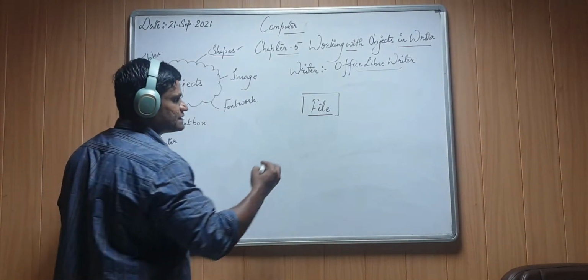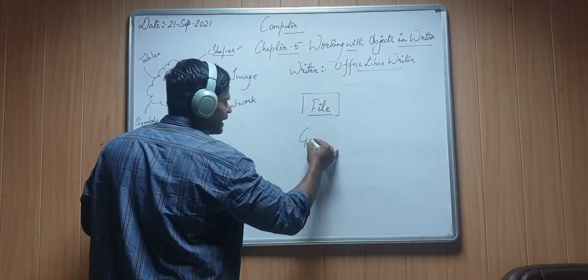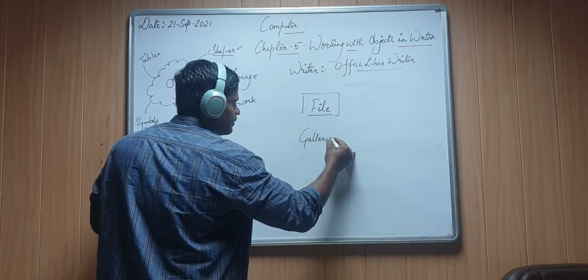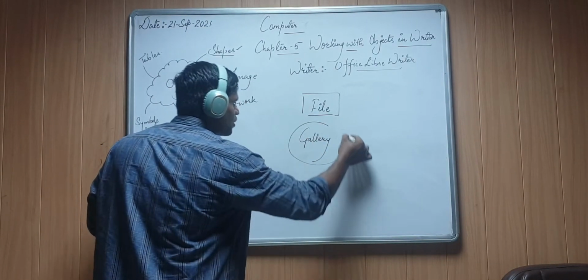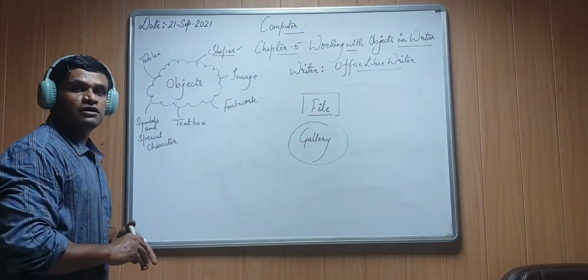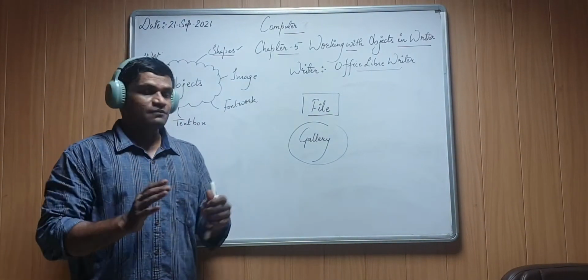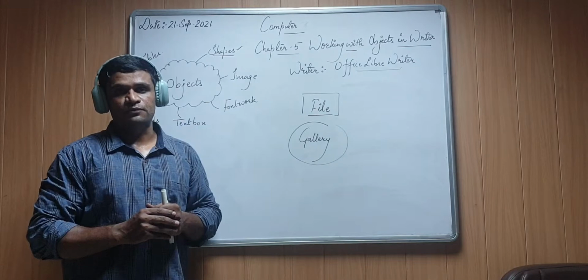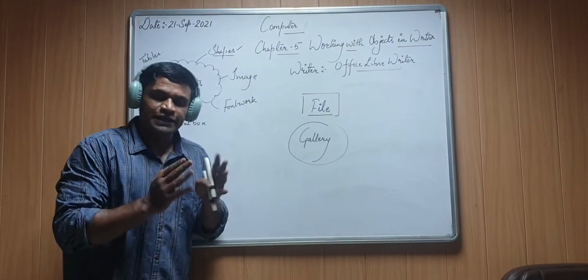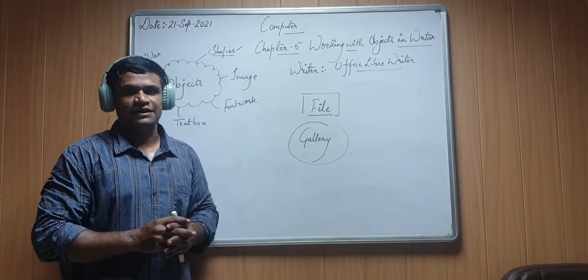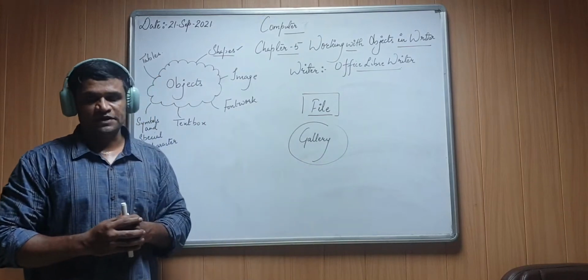Similarly, you can insert the image from the gallery option also. Now the gallery has the pre-installed pictures which come along with the software or the program. जो प्रोग्राम में ऑलरेडी इंस्टॉल्ड हैं, आप उनमें से भी सेलेक्ट करके you can insert the picture.